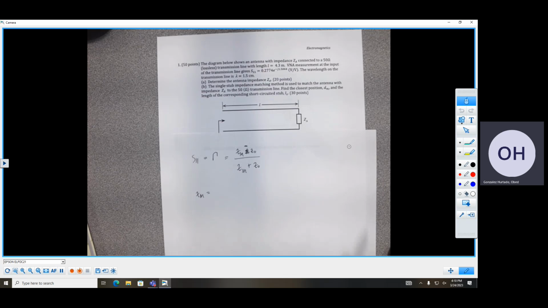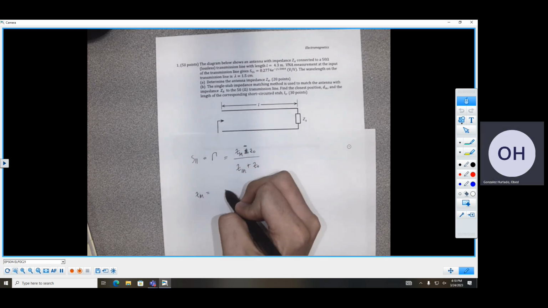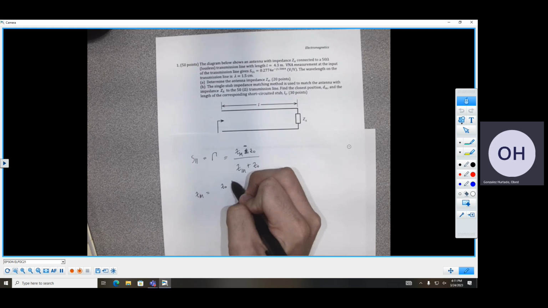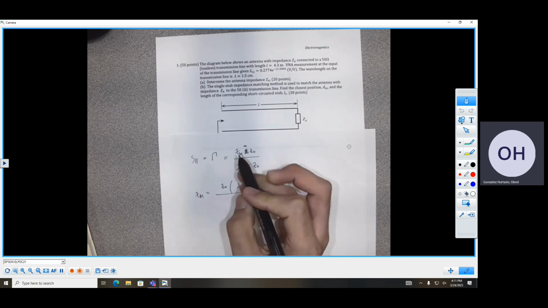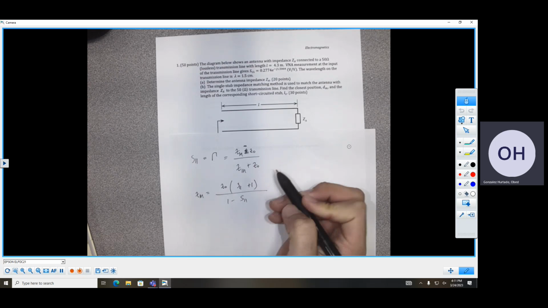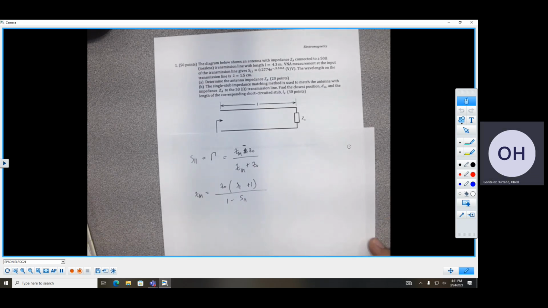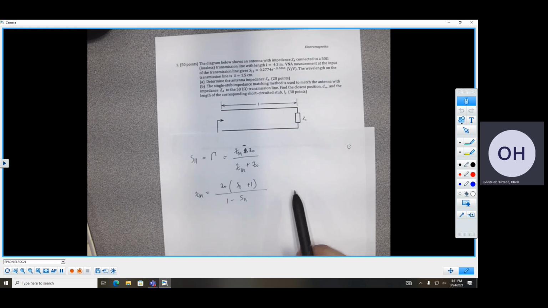After some manipulation, we get that Zn is equal to Z naught times (1 plus S11) over (1 minus S11). Okay. So from there, we would be able to get a value for Zn.